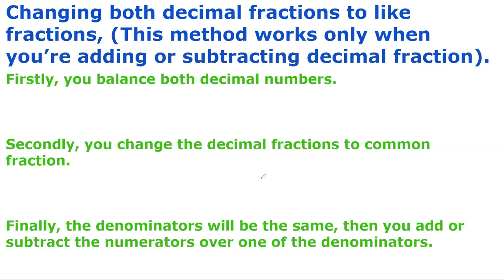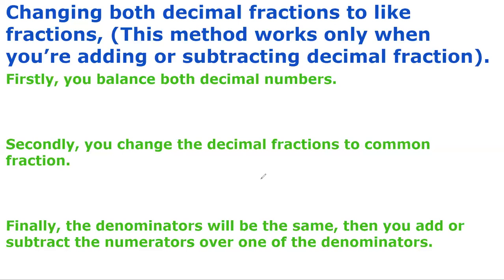Then you perform the action only on the numerators. If it is addition, you add only the numerators over one of the denominators, which are the same. Or if it is subtraction, you subtract only the numerators all over one of the denominators, which are the same.